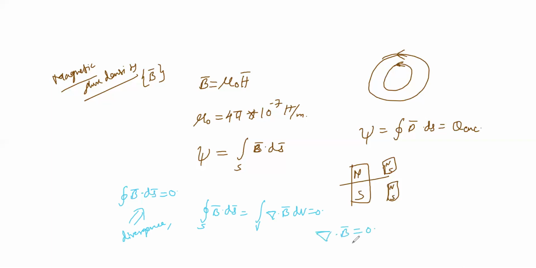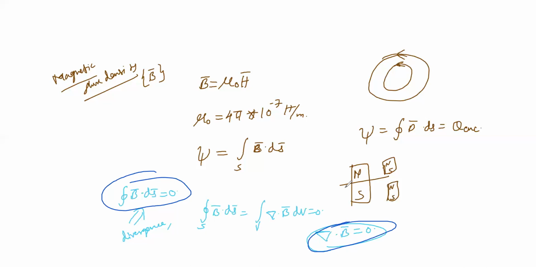This is one of the Maxwell's equations, that is del dot B bar equal to 0. The equation surface integral B bar ds equal to 0 and del dot B bar equal to 0 shows that magnetostatic fields have no sources or sinks. Magnetic flux lines are always continuous.